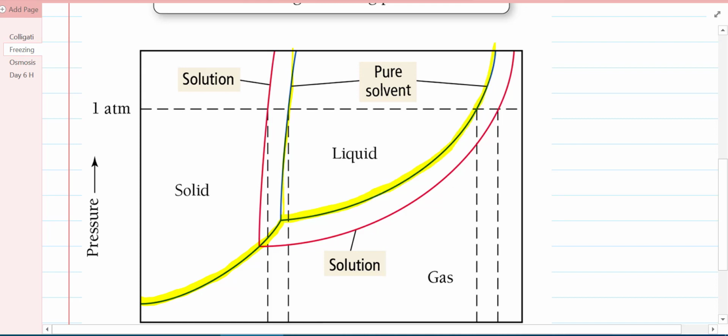And there is my normal melting point and my normal boiling point. Well, if we add a substance, the line down here doesn't change, but the new triple point comes into play, and we get a new melting point or freezing point, and we get a new boiling point.